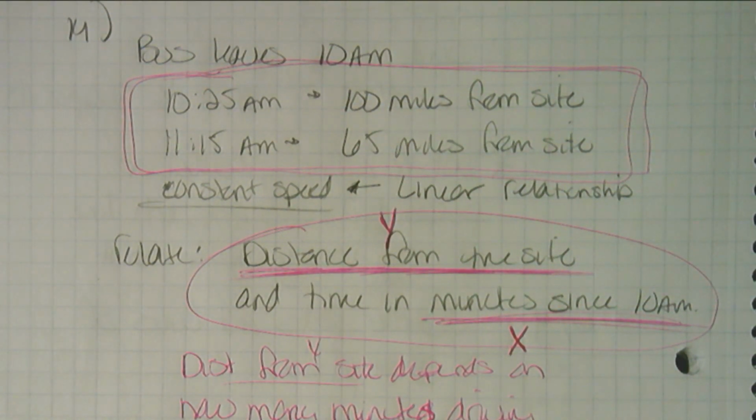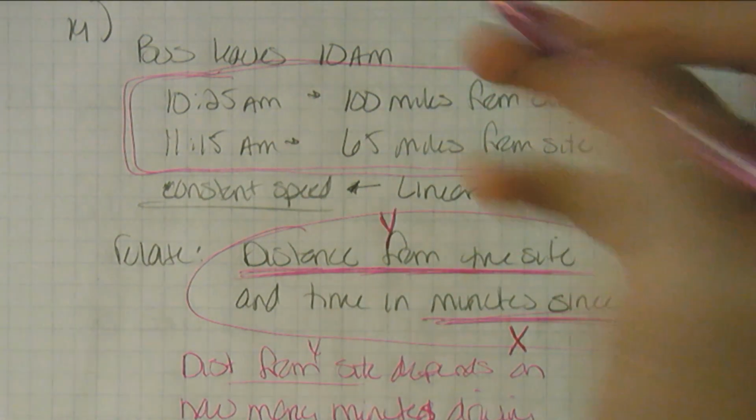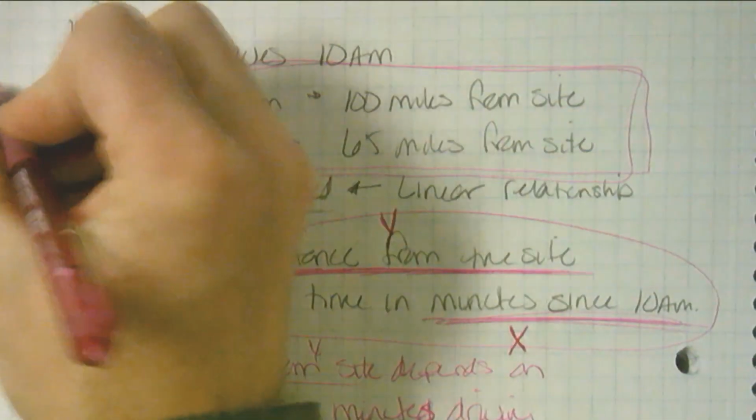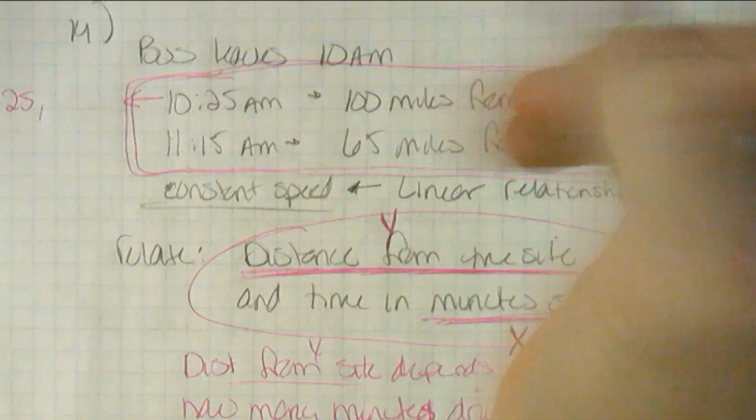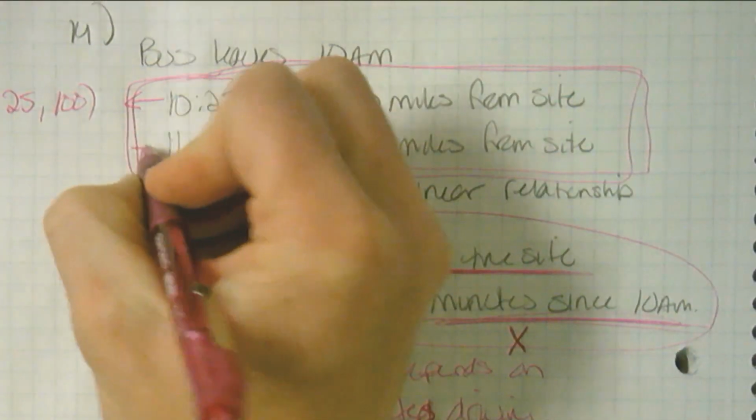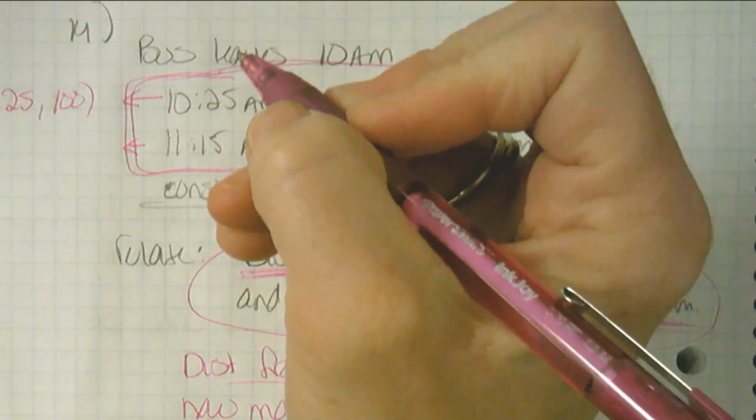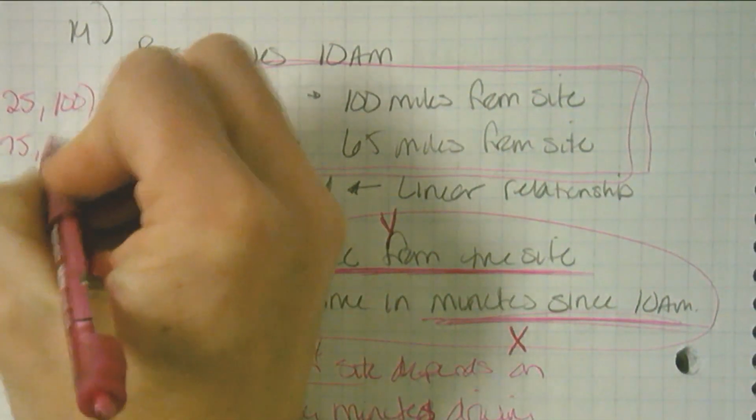Rita, what do you think? So this would be 25, 100, and this one here would be, what'd you say? 75? Excellent.